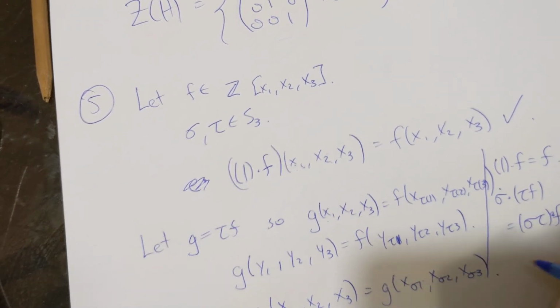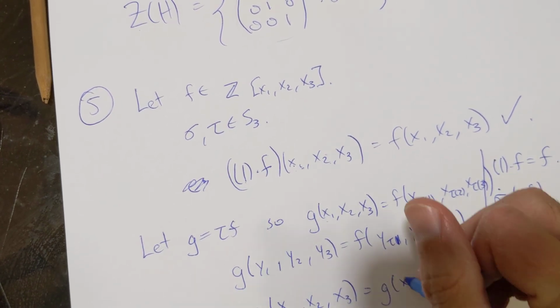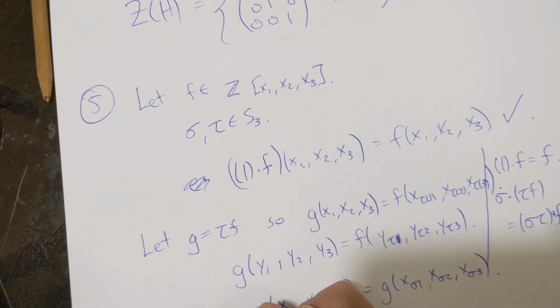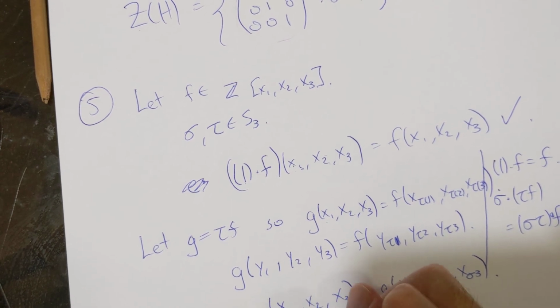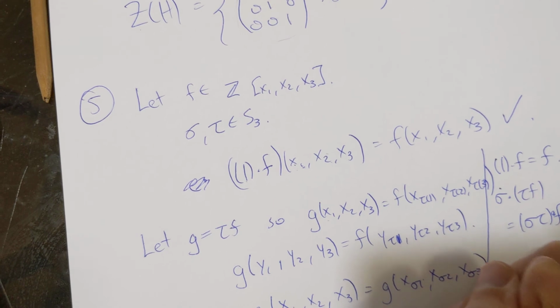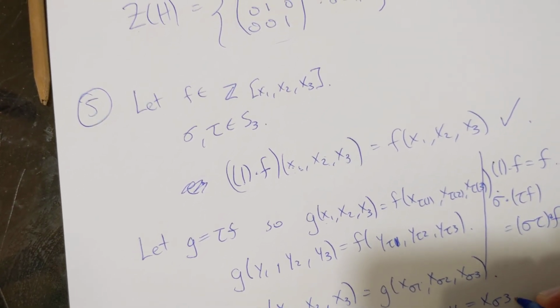And now to find g of x sigma 1, x sigma 2, x sigma 3, we're going to call y1 x sigma 1. So we now substitute y1 equals x sigma 1, y2 equals x sigma 2, y3 equals x sigma 3.